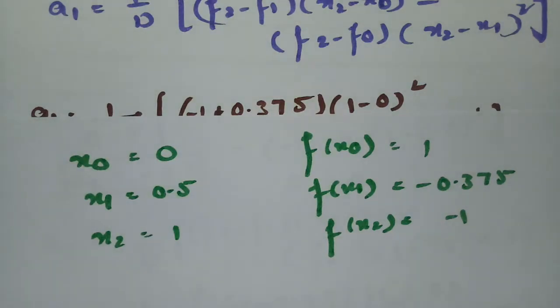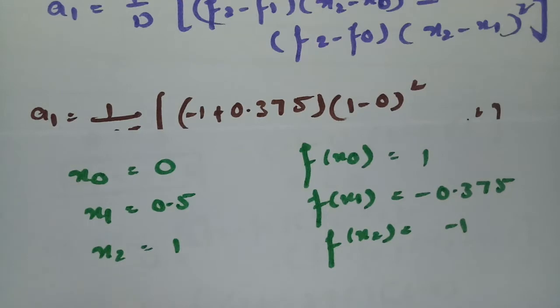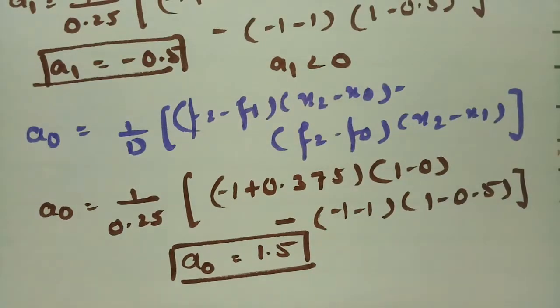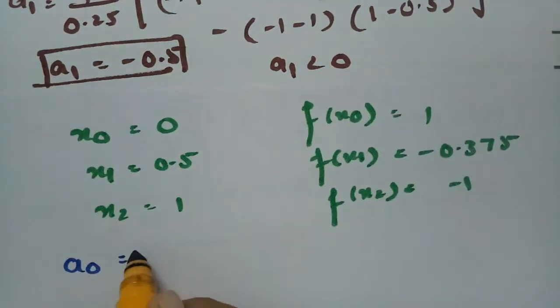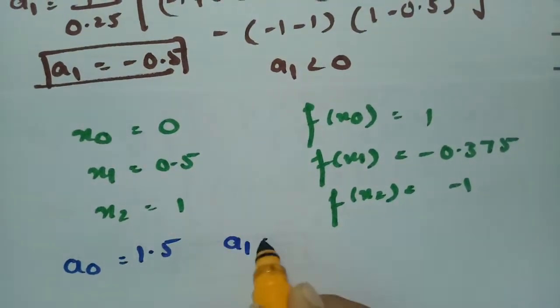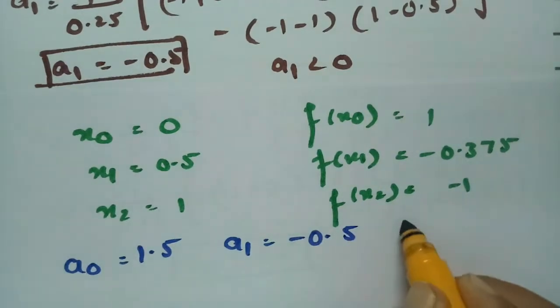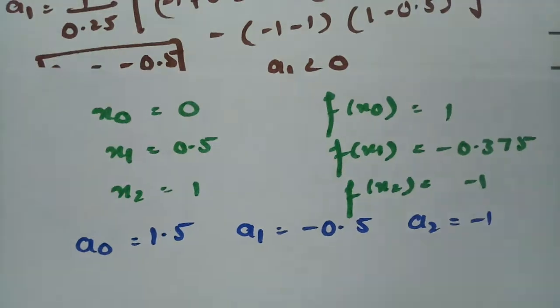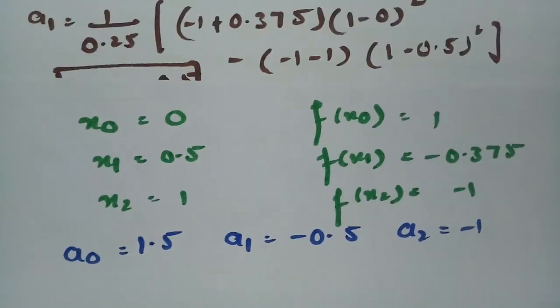These values are ready. After that, we got A0, and the A0 value is 1.5, A1 value is minus 0.5, and A2 is equal to F2. What is the F2 value? That is minus 1. So these are all the values.